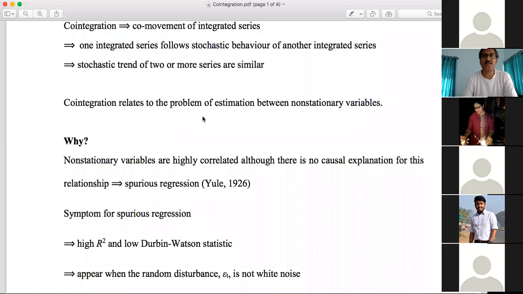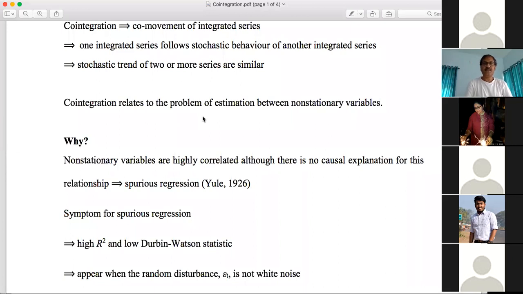And if you have a consumption data, if you have a income data, and if you calculate the correlation between consumption and income, you will get high value of correlation coefficient. So high value of correlation coefficient between consumption expenditure and income can be explained in terms of the economic theory or in terms of the real life experience we have.